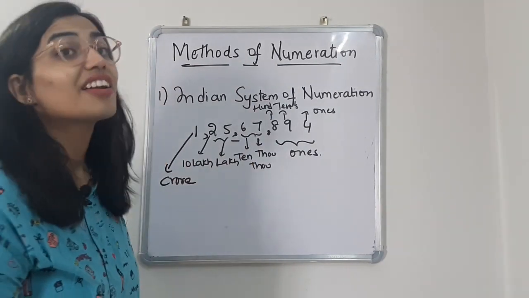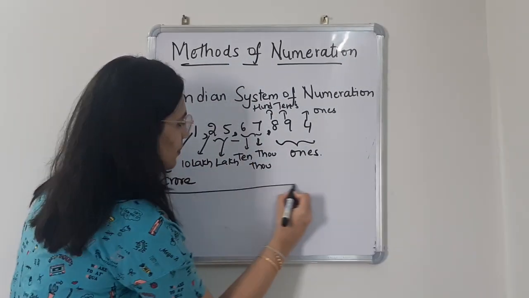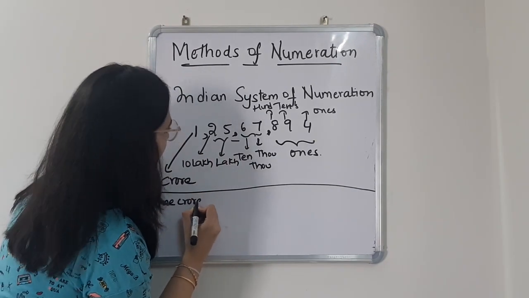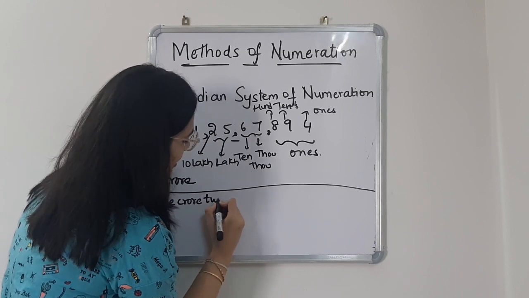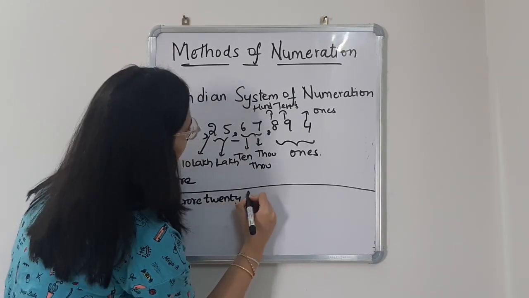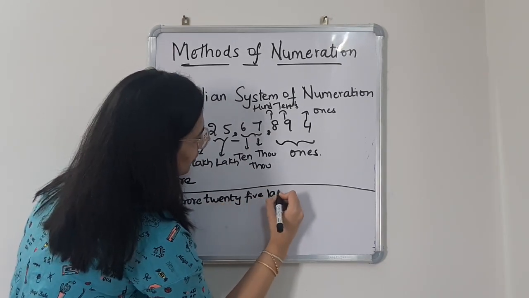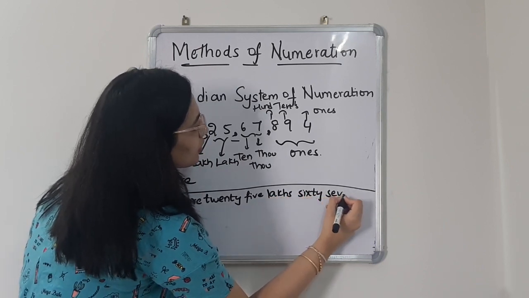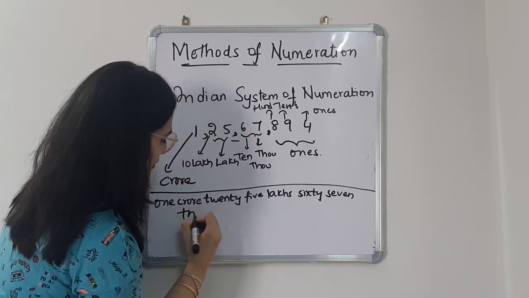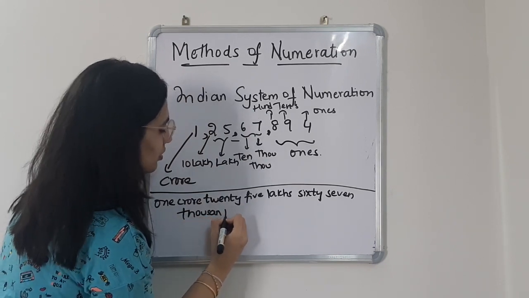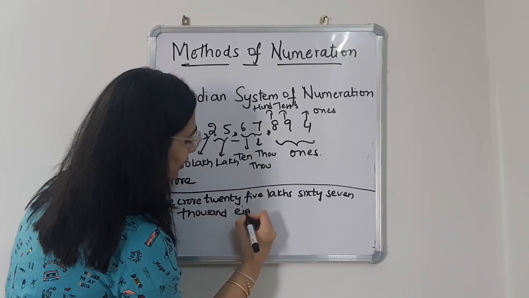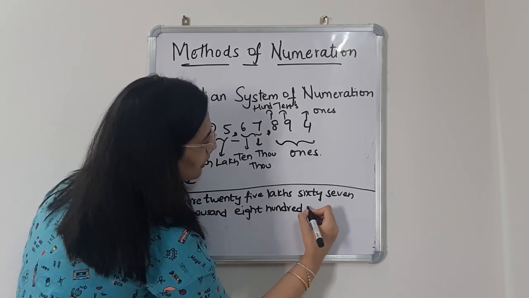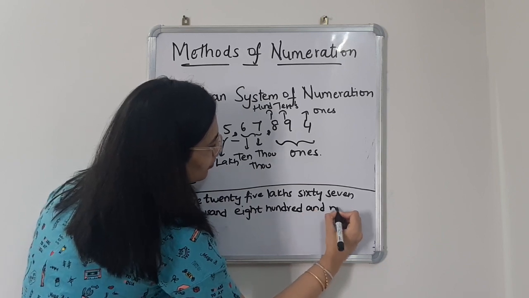So we can word it as 1 crore 25 lakhs 67,000 894.